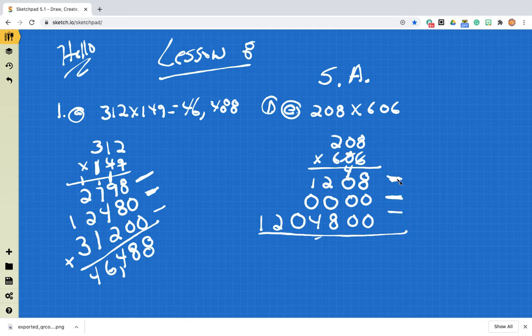1, 2, 3 partial products, 1, 2, 3 digits. We're good. Now 8, 0 and 0 is 8. 4, 0, 0 and 0 is 4. 2, 0 and 8 is 10. 4, 5, 6. 0, 2, and 1.